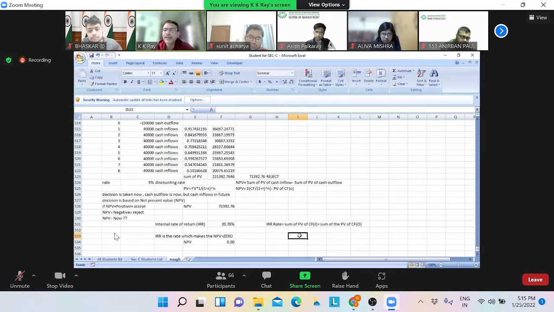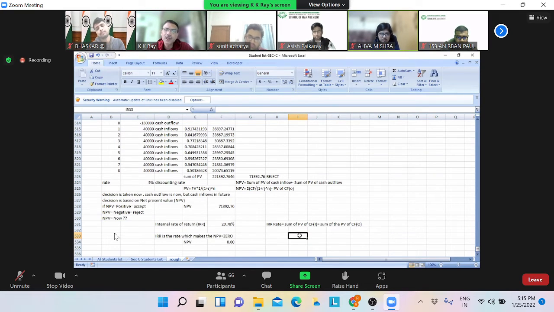Both are same, break even. How much I am investing, I am also getting the same. So what is the rate? If my investment and my income both are same, what is the rate that I am getting? That is called IRR.